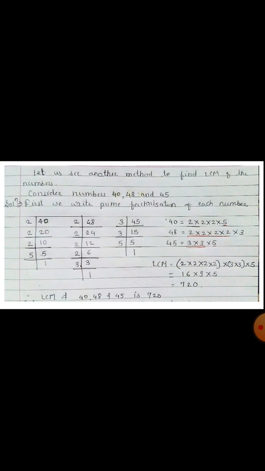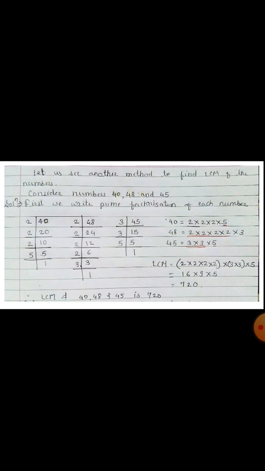Again the prime factor 3 occurs a maximum number of 2 times in the prime factorization of 45. Therefore write 3 multiplied by 3 next to that, and again the prime factor 5 appears one time in the prime factorization of 40 and 45. So we will take it only once.